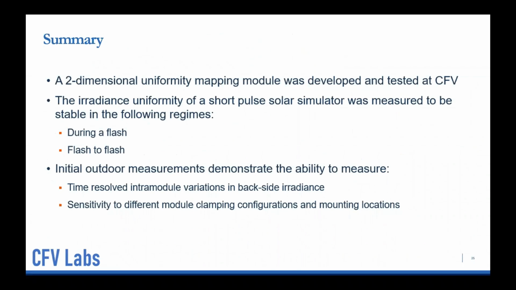And so the initial outdoor measurements demonstrate that the instrument is sensitive enough to detect some of these small changes. One, we could do time-resolved inter-module variations of the backside irradiance. So this is something that we are very eager to move into the modeling front now and verify 2D resolved backside irradiance maps, because now we can directly measure it. And then we've also demonstrated a sensitivity to different module clamping configurations and mounting locations within a single axis tracker.